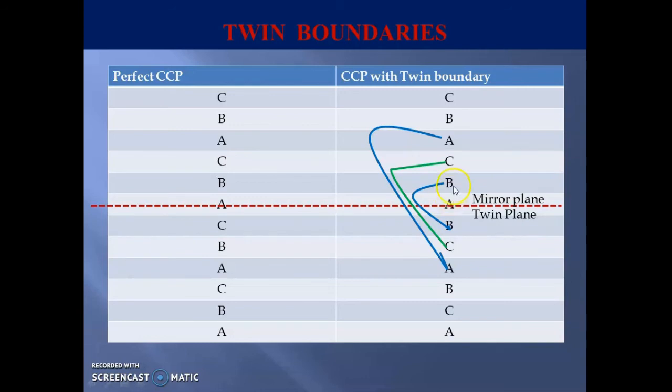So a twin boundary can be defined as a boundary in a crystal such that crystals on both sides are mirror images of each other.